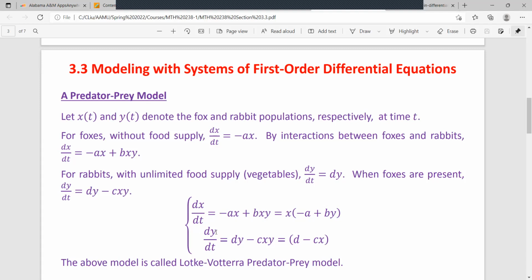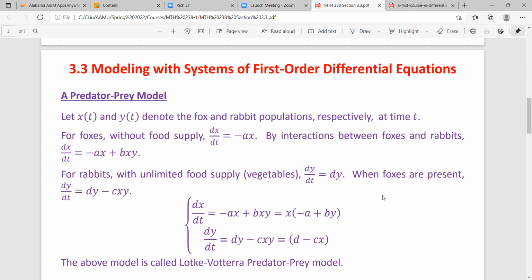And another differential equation for the population of the rabbits will be dy over dt equals y times d minus cx. I missed y here. Okay. So this model is called the Lotka-Volterra predator-prey model. It describes a food chain ecosystem.